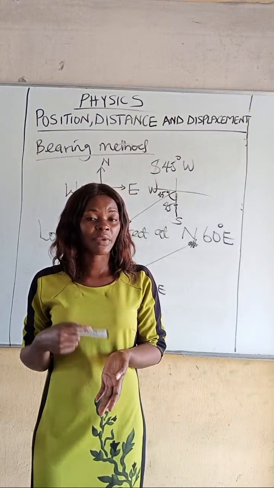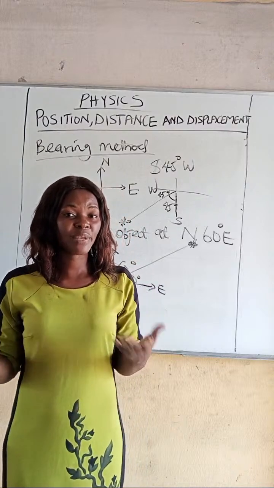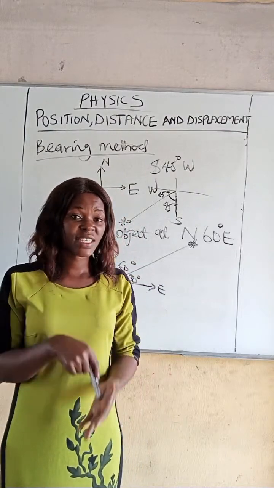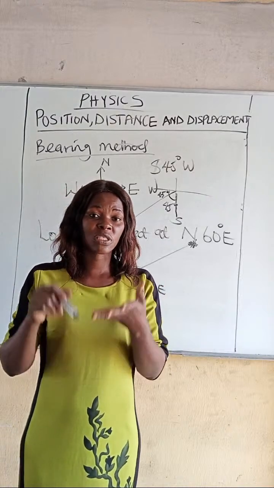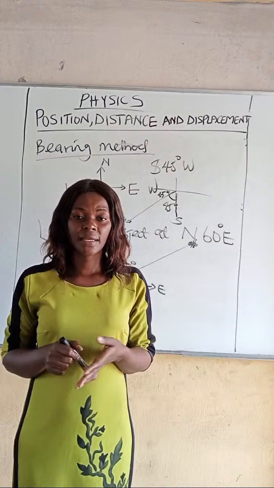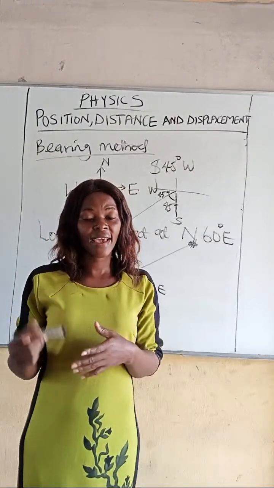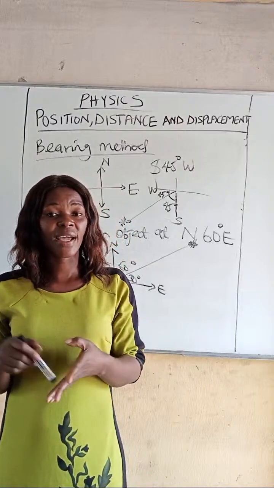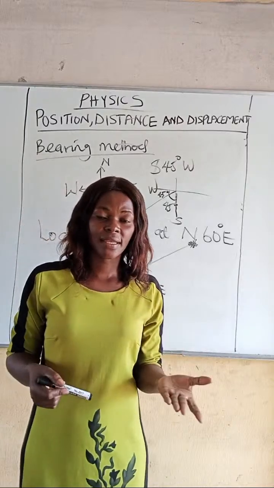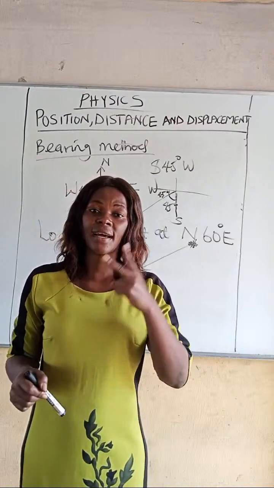An object can be found in space or in a plane. Space is characterized by three coordinates, x, y, and z. A plane is characterized by two coordinates, x and y.